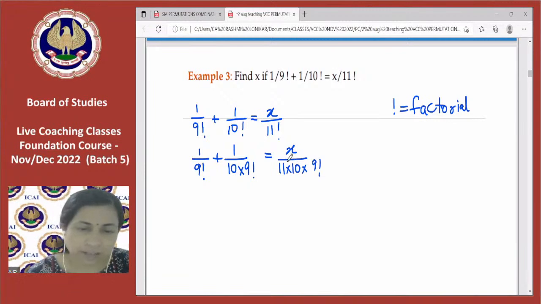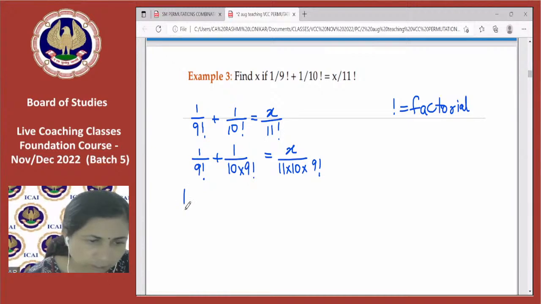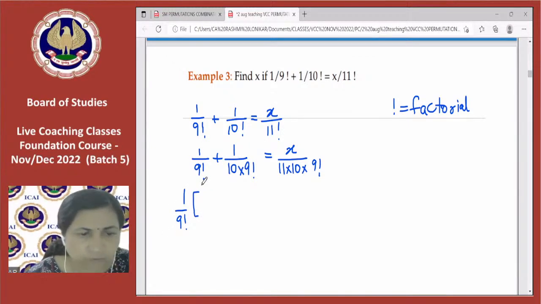So what will I do? I will take out 9 factorial, so 1 upon 9 factorial common, and what will remain is 1 plus 1 upon 10.